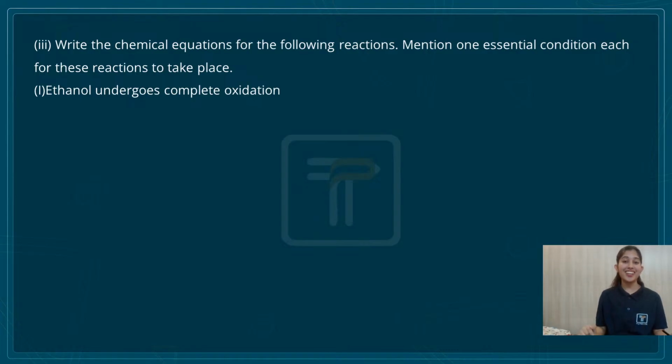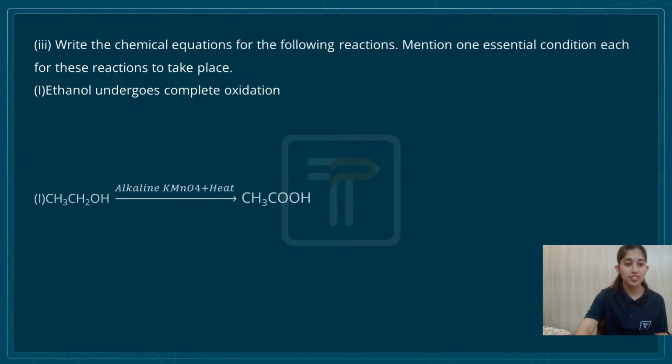Alkaline KMnO4. Yes, alkaline KMnO4 or acidified K2Cr2O7. These are the two catalysts along with heat. Yes, and it gets converted into what? Yes, इथेनोइक एसिड. भाई अल्कोहल जब ऑक्सीडाइज होता है, ऑक्सीडेशन हो जाती है, तो क्या होता है? अल्कोहल की ऑक्सीडेशन से इथेनोइक एसिड बन जाता है. यस.